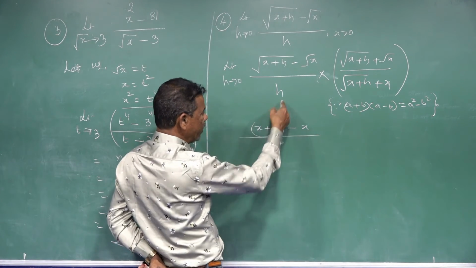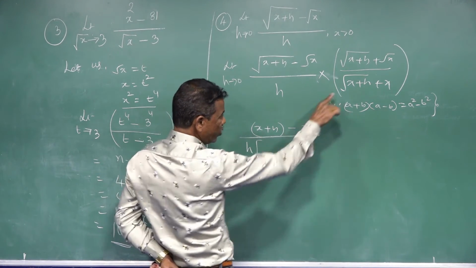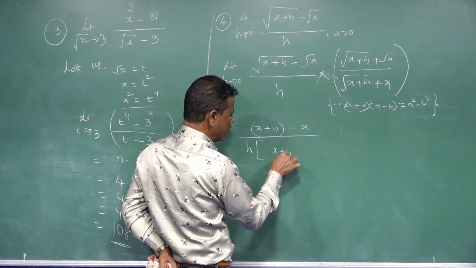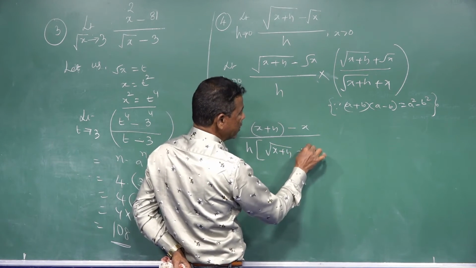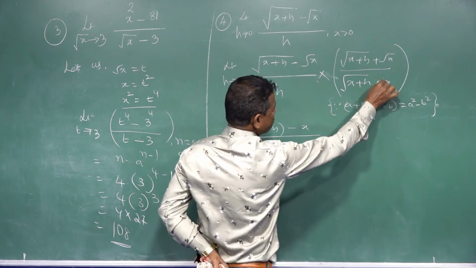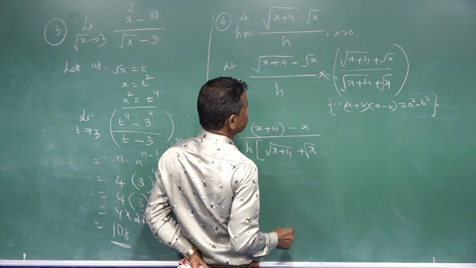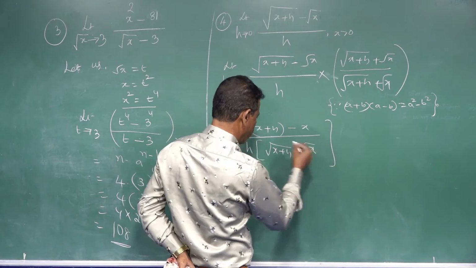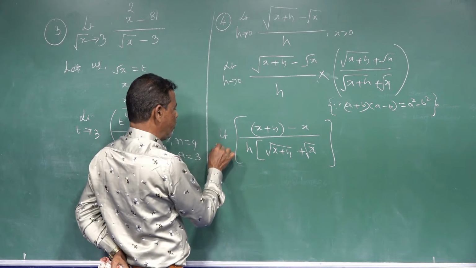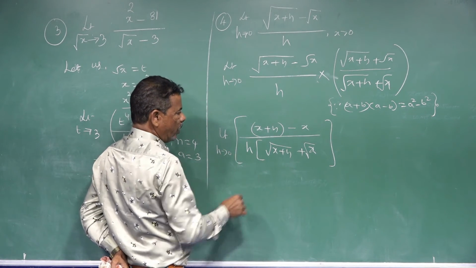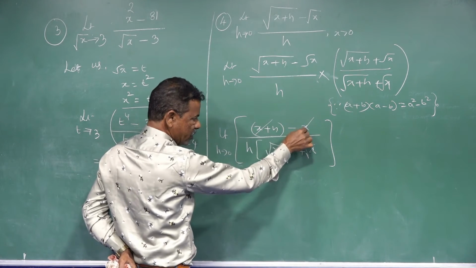And denominator h as it is, into this also as it is, root of x plus h plus root x, whereas limit h tends to 0. Here x gets cancelled.